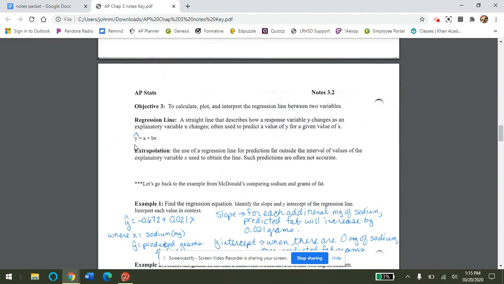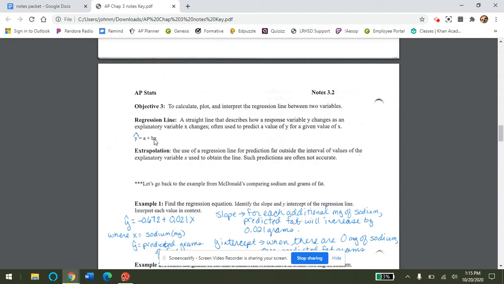Extrapolation, I'm actually going to come back to later. But when we use an equation to make a prediction, that prediction is only valid for the domain of the data points we have.